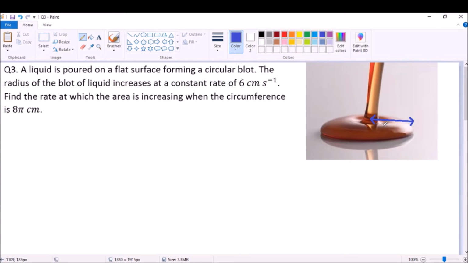So this radius is increasing when the liquid is poured. We are given dr over dt, where r is the radius, as 6 cm per second, and we are also given the circumference C being 8 pi cm.